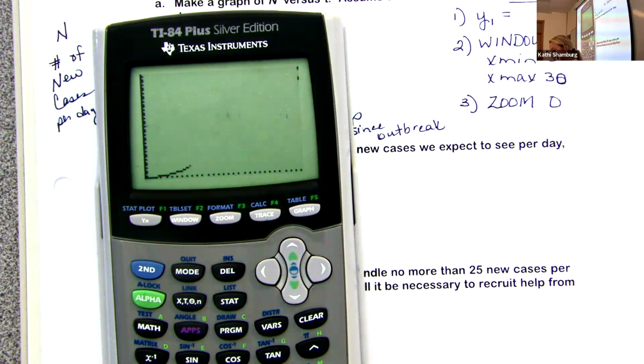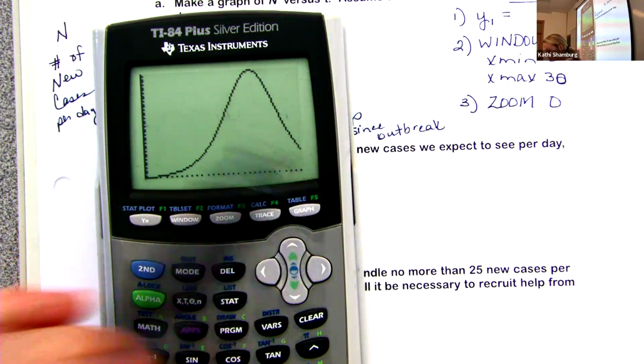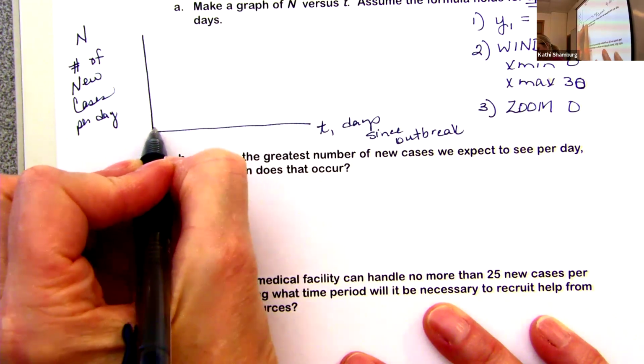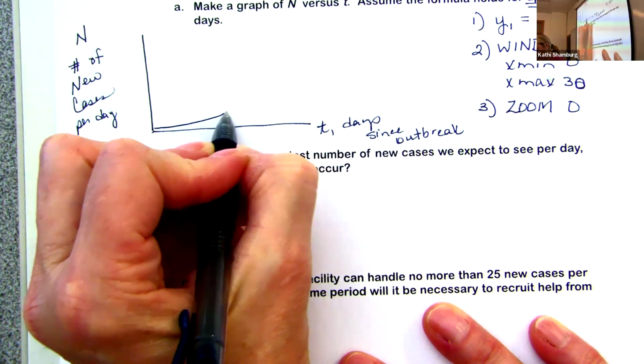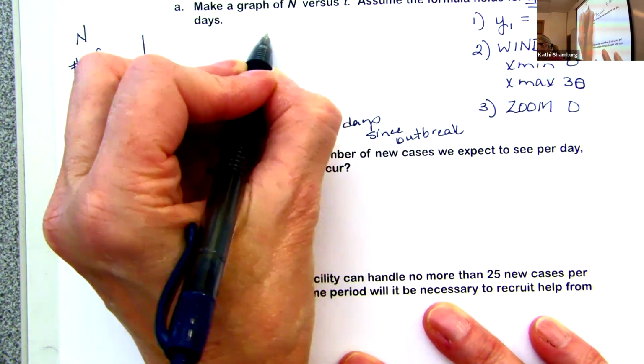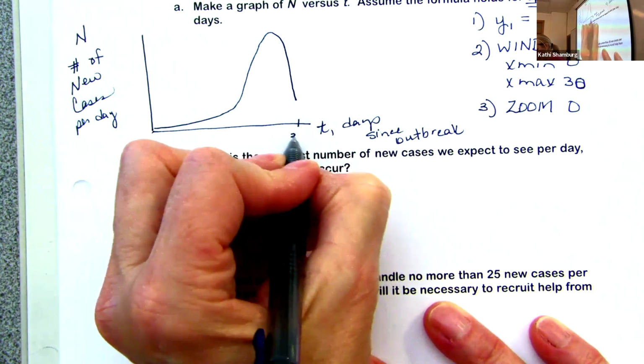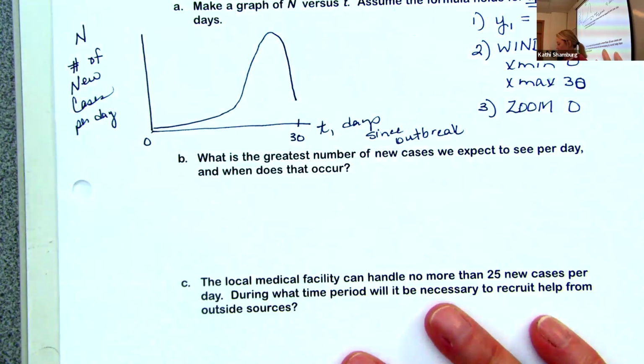Give it some time. All right, so it appears to have just stopped here, so it looks something like this. And it just stopped at 30, and this is 0.